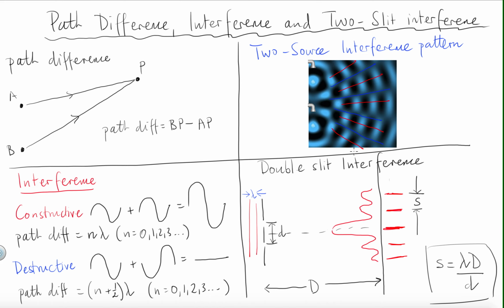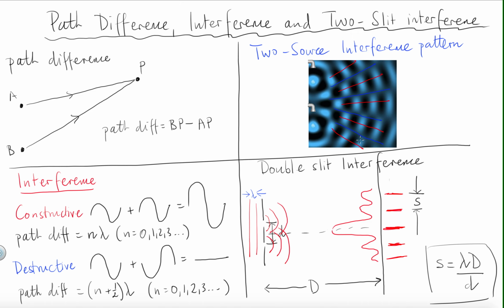Now, if we were to pass planar light through a double slit, we actually see the same pattern as if we were to have 2 point sources of light, because what happens is, as the light passes through each individual slit, it diffracts, and if we observe the light at the screen, we see patches of bright and dark, or fringes of bright and dark, which correspond to where we see a bright patch, it's where we have constructive interference, and when there's a dark patch, there's destructive interference.